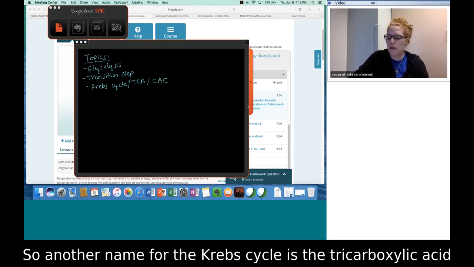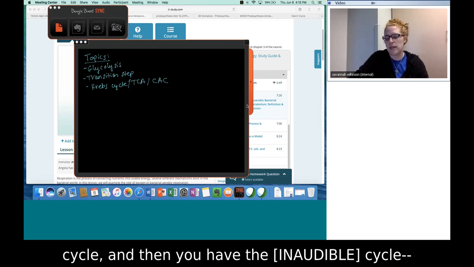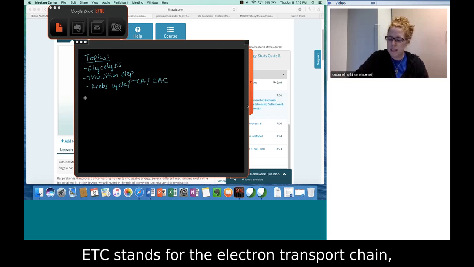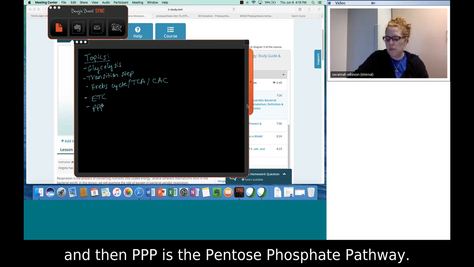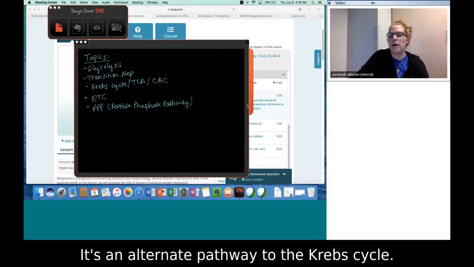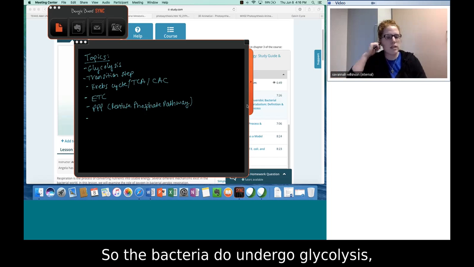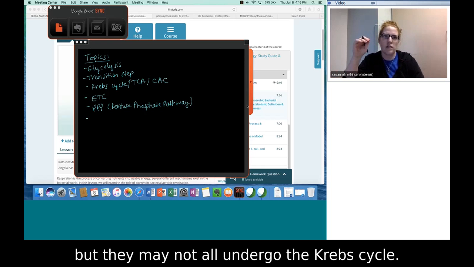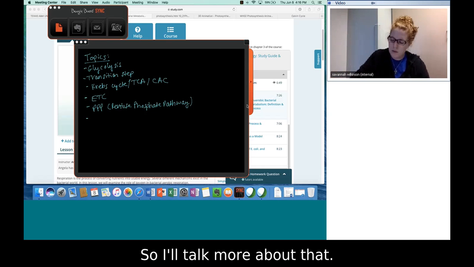Another name for the Krebs cycle is the tricarboxylic acid cycle, and then you have the citric acid cycle, same thing though. ETC stands for the electron transport chain, and PPP is the pentose phosphate pathway. It's basically an alternative pathway to the Krebs cycle. So the bacteria do undergo glycolysis, but they may not all undergo the Krebs cycle. But I'll talk more about that.